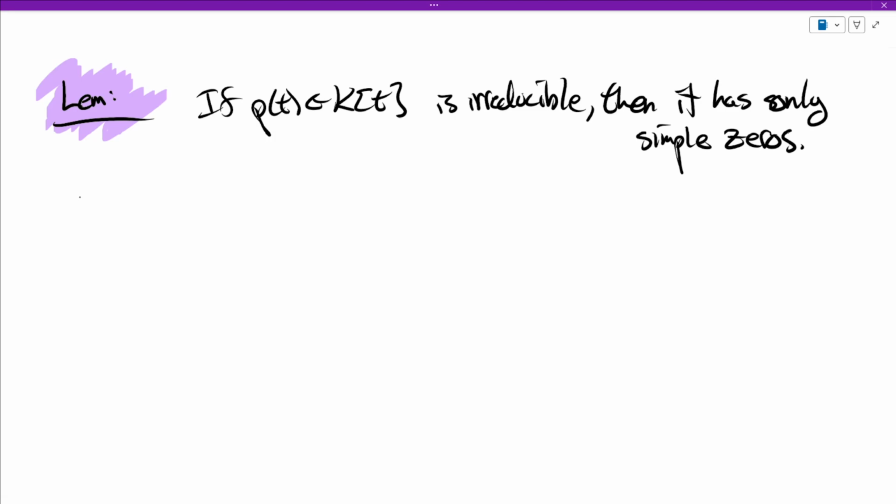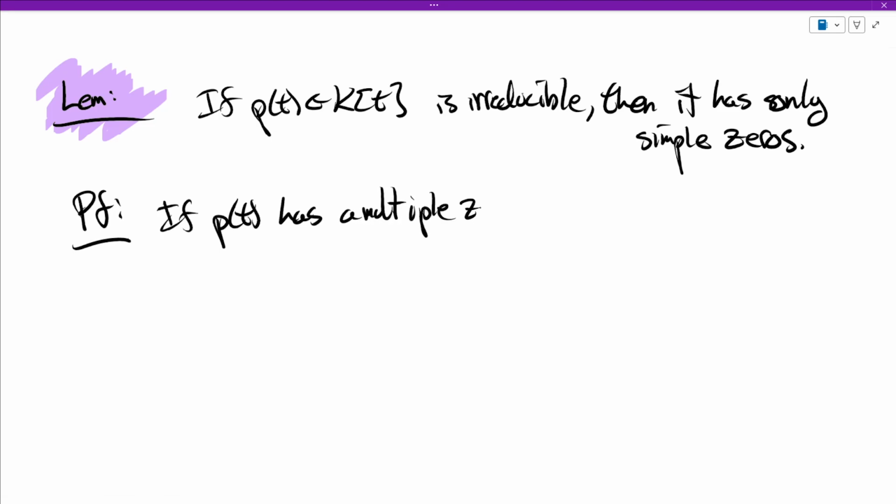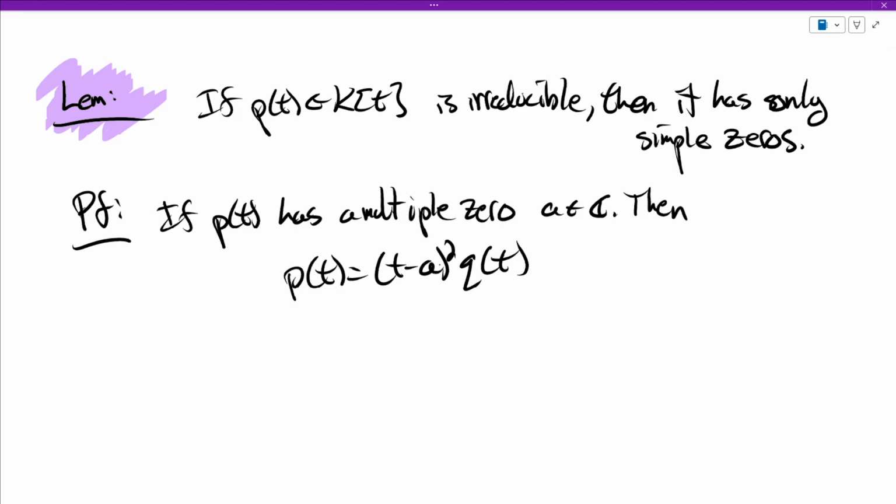Okay. So proof of this fact, if P of T has a multiple 0 in C, then P of T has a 0 of at least multiplicity 2.